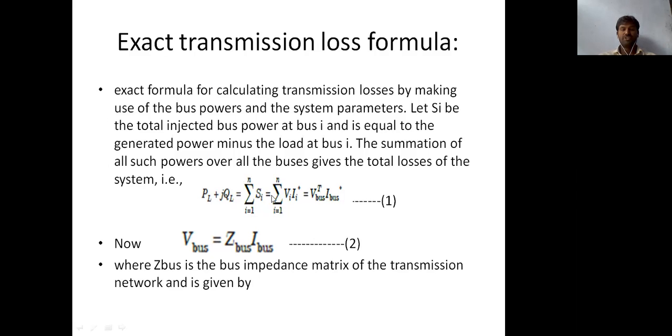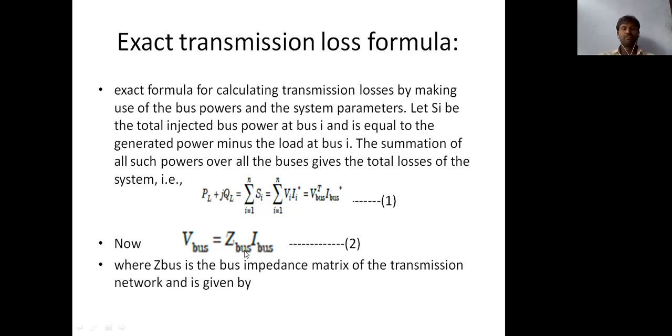We know the formula P equals V into I, so here it is V_I into I_I conjugate, that is, V bus transpose into I bus conjugate. This is equation 1.